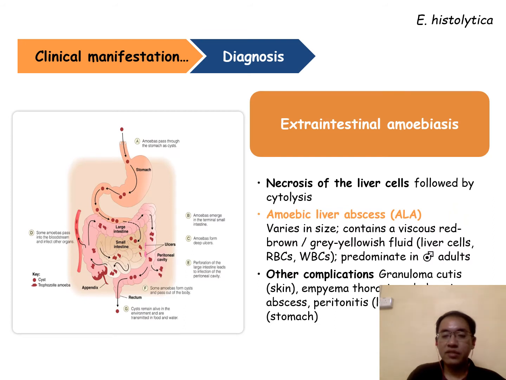Amoebic liver abscess is the most commonly reported, and this predominantly happens in males. Other complications of extra-intestinal amoebiasis depend on where the trophozoite travels through the bloodstream. Other than the liver, the trophozoite can cause complications in the skin, lung, brain, or stomach.